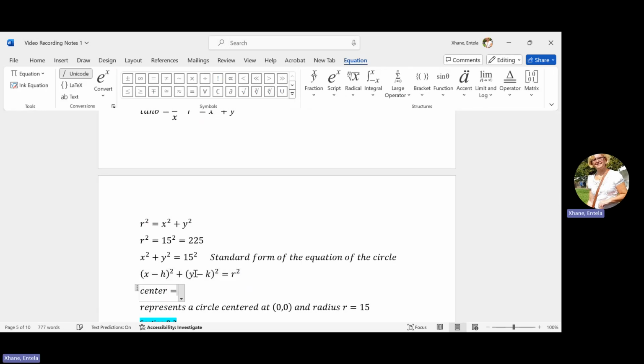The center is defined by h, k, so these are the coordinates of the center. And then the radius is r. Now the radius r is the 15. Now you may argue and say, I don't see h and k. They both are 0. Since they're both 0, that's why you see x squared and y squared by themselves. Because you can easily write x squared as x minus 0 squared, because x minus 0 is still x.